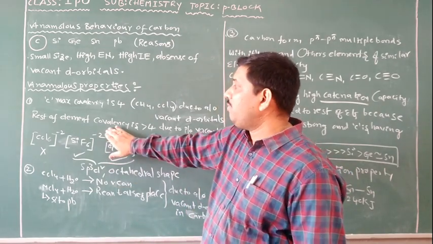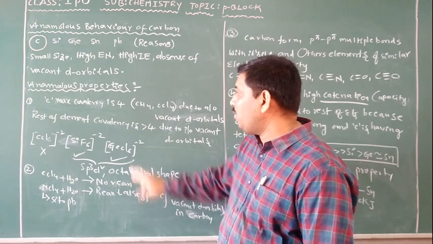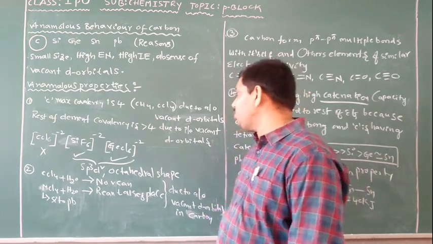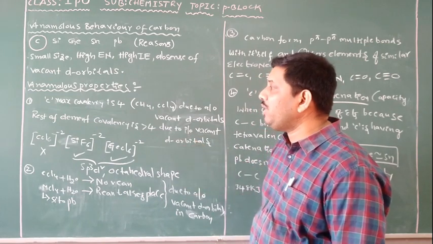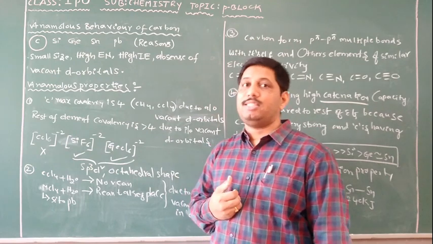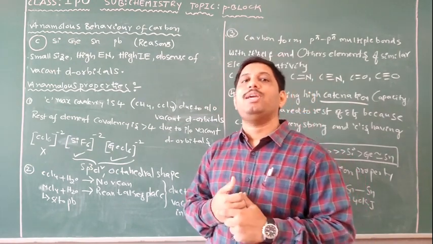Whereas for the rest of the elements, that is silicon, germanium, tin and lead, covalency will be greater than 4, because of the presence of vacant d orbitals. Silicon contains 3d, germanium 4d, and tin and lead also contain vacant d orbitals.